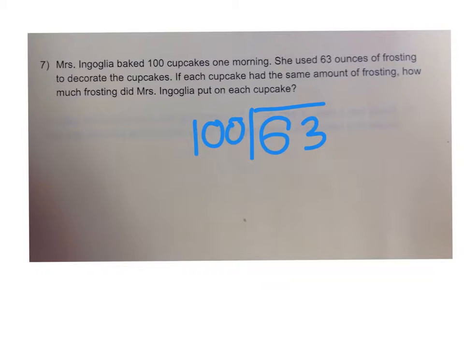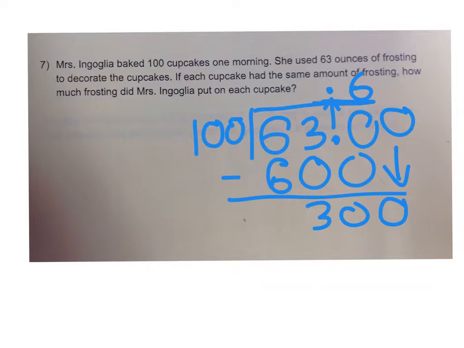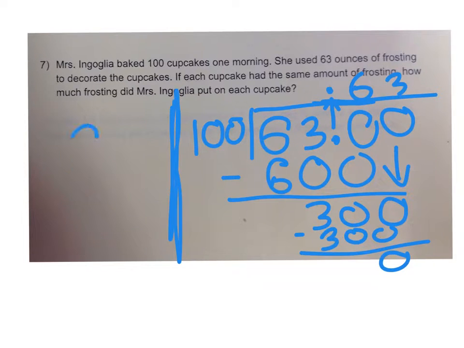It doesn't matter if the dividend is smaller than the divisor because you could add a decimal point to it like that. 100 goes into 636 times. You could do it that way, or you could do it like this.